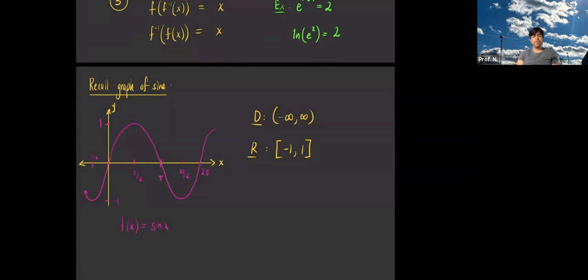I want to know the inverse of sine. What's the problem? Is the graph of sine 1 to 1? How do we determine whether something's 1 to 1 again?